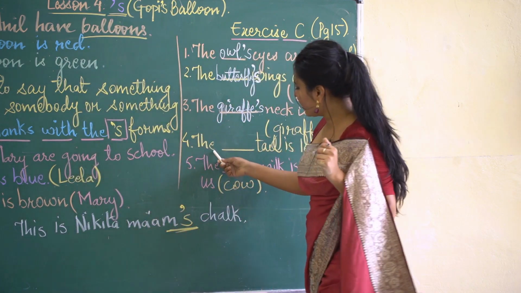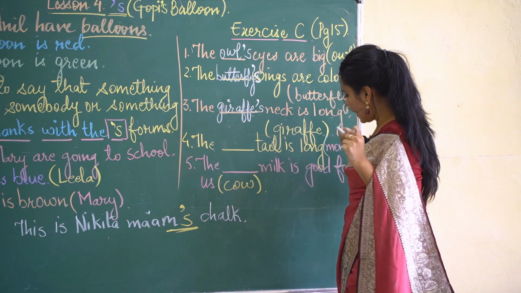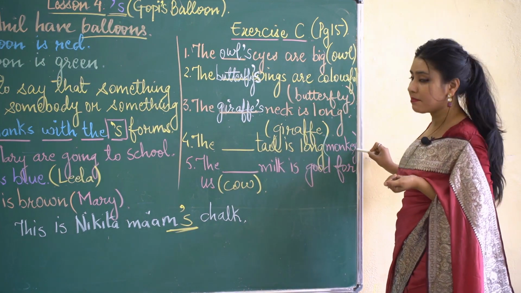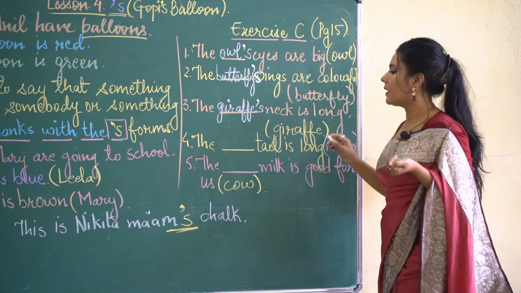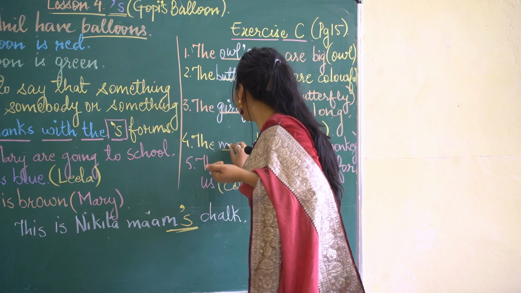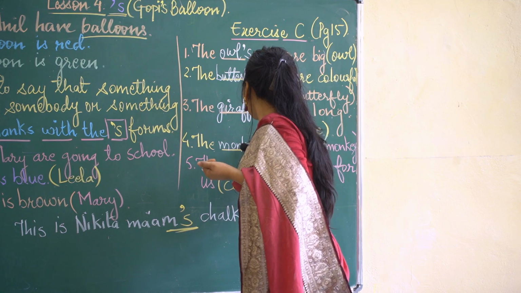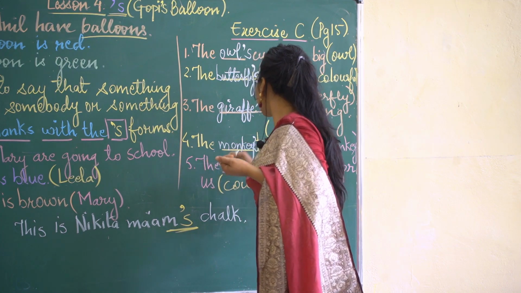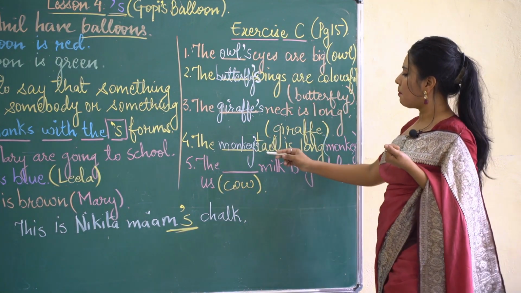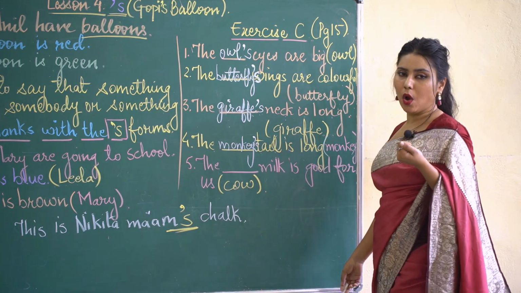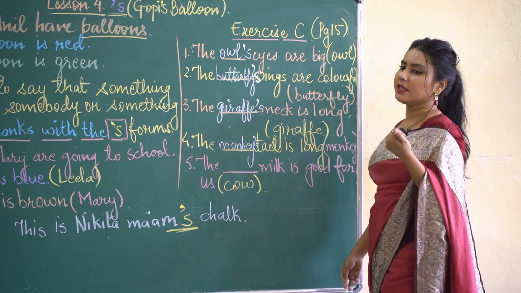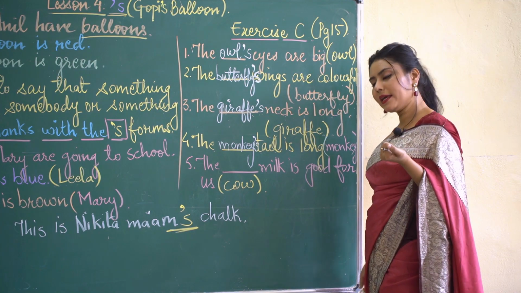Then we have the dash, tail is long. I have written monkey here. So you will have to write monkey and then apostrophe S. So it becomes monkey's tail is long. You understand? That means the tail belongs to the monkey.